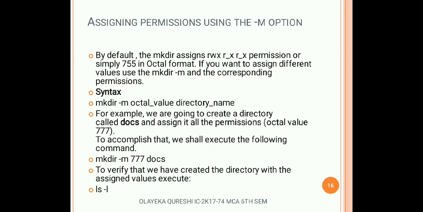To accomplish that, we should execute the following command: mkdir -m 777 docs. To verify that we have created the directory with the assigned values, we use the ls -l command.